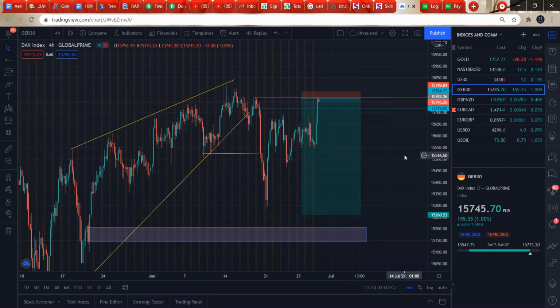Enter three of those positions. This one is going to fall big time, very big time. German 30, it's going to fall, chief. It's going to fall for days.